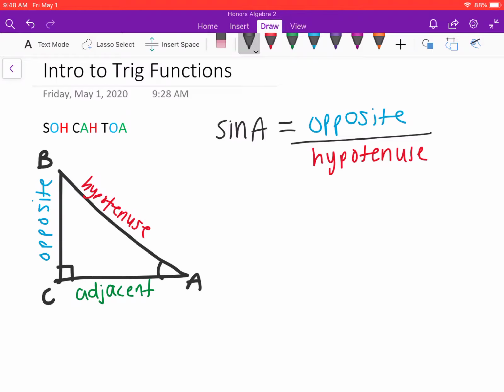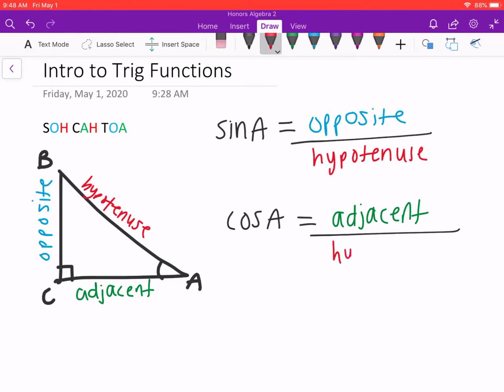So the cosine function, cosine of A, equals, if you look in our acronym CA, adjacent divided by hypotenuse. And our last function that we have is the tangent function.